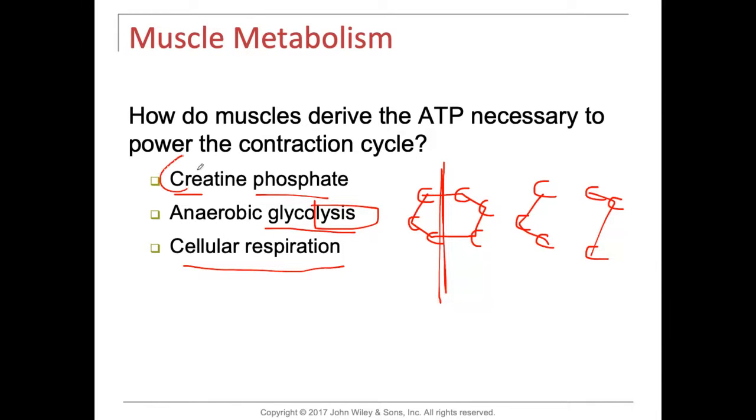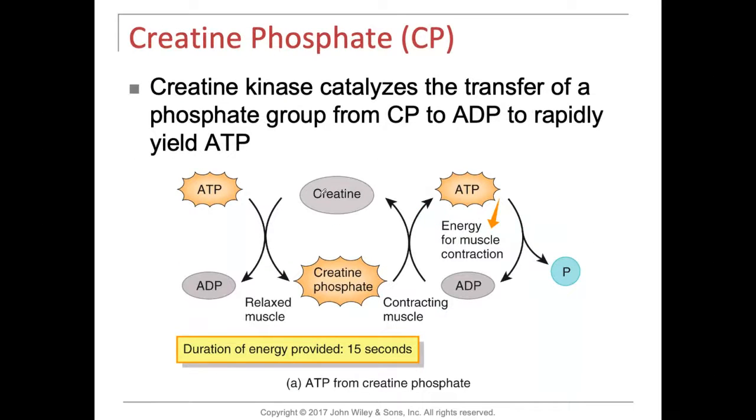Creatine phosphate, that's the CP. That's what we showed you before when you have ADP plus that other phosphate, it's really CP, creatine phosphate. So let's take a look here. We have ATP, and when you have too much ATP, your body can break that down into ADP and creatine phosphate.